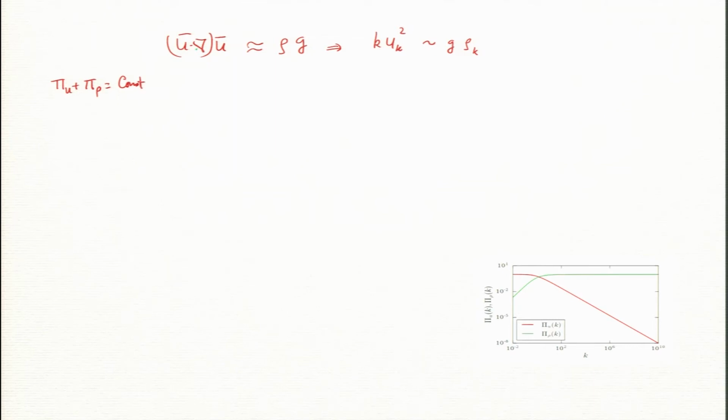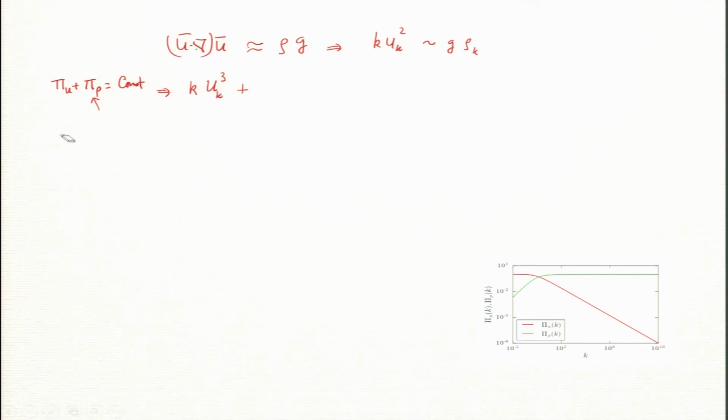I showed that. Pi u is like a big system with fluid, so pi u is u cube by L. In Fourier space it is going to be k u_k cubed, which we derived, u cube by k. It comes from the force k u_k squared multiplied by u_k from the nonlinear term. This is the local flux, and it comes from Kolmogorov theory. So what is the flux pi rho?